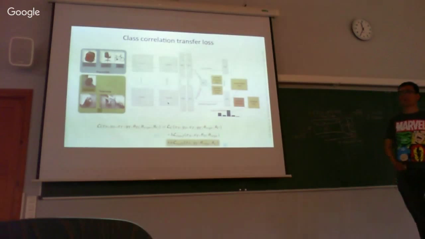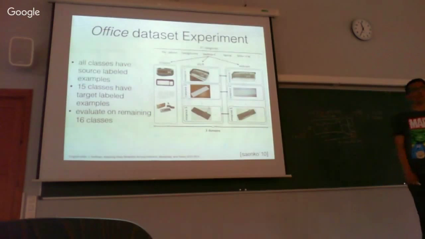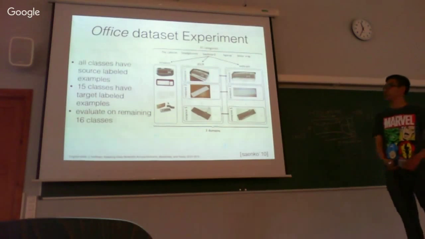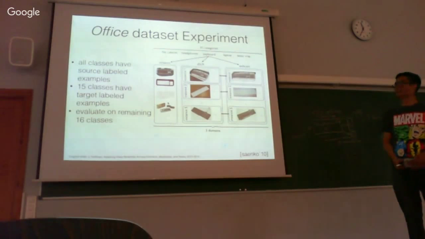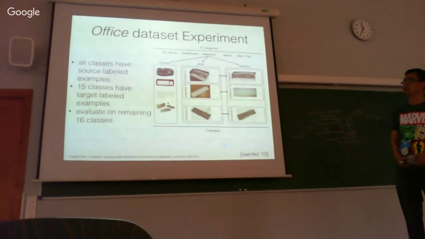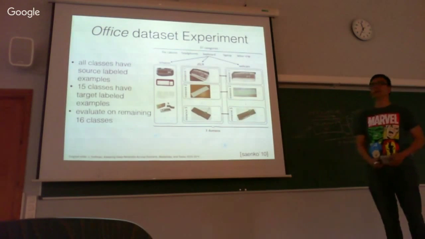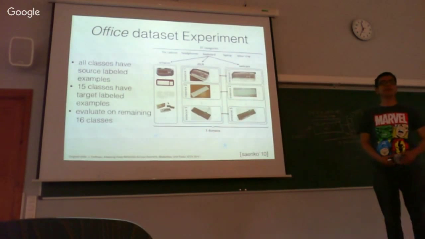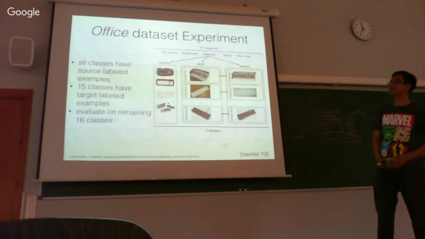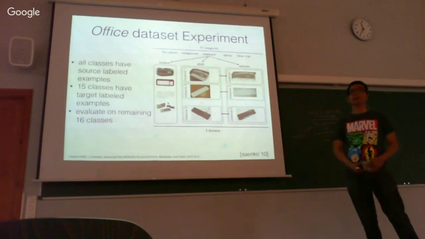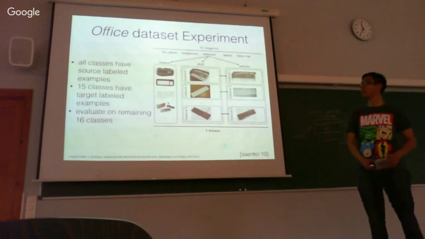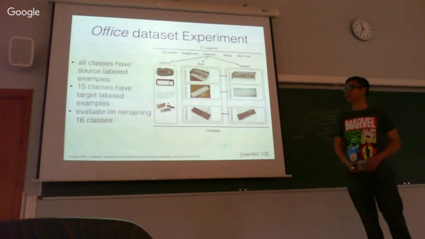Now let's see the experiments. They do two experiments, and they also did two sub-experiments. The first one was to adapt in three data sets within the office setting. The data comes from Amazon, from the webcam, from the DSLR.